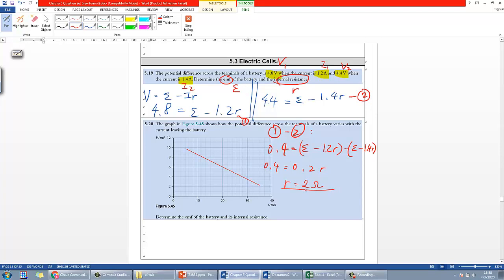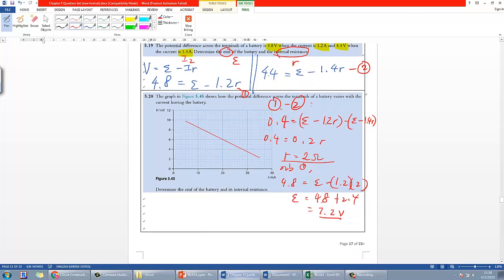And for the EMF, you can simply substitute it back. Let's just do equation 1: 4.8 equals epsilon minus 1.2 times 2. So epsilon is actually 4.8 plus 2.4, which gives you 7.2 V, and that's how you could find it.